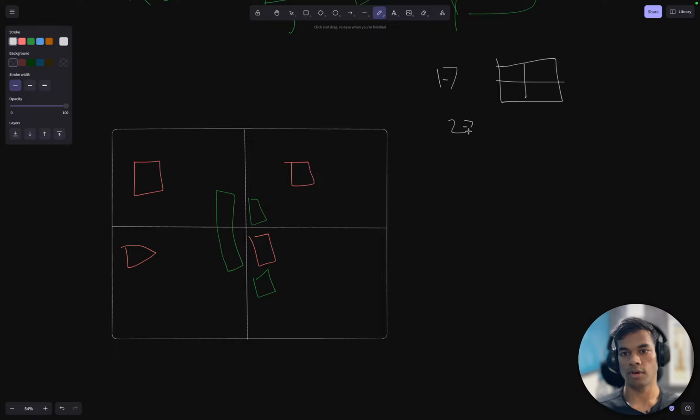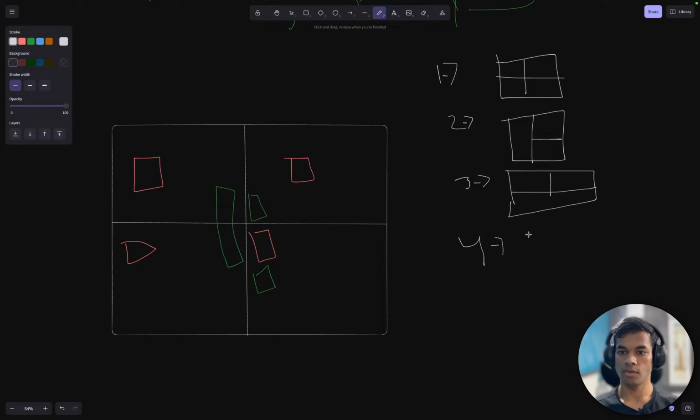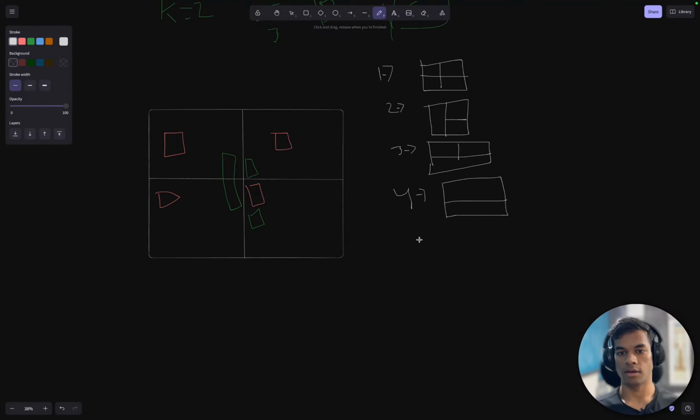Another way would be to have it filled like this. Third way would be to have it filled like this, and this is a terrible drawing. And another way would be to have it filled like this, and another way would be to have it filled like this.